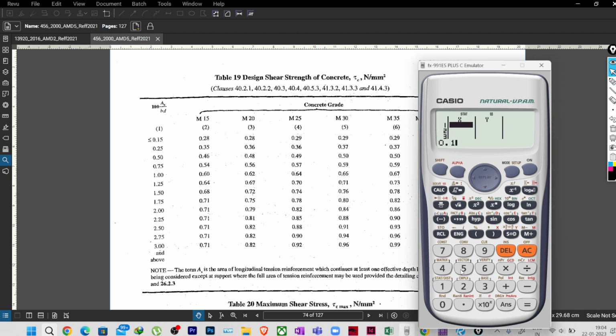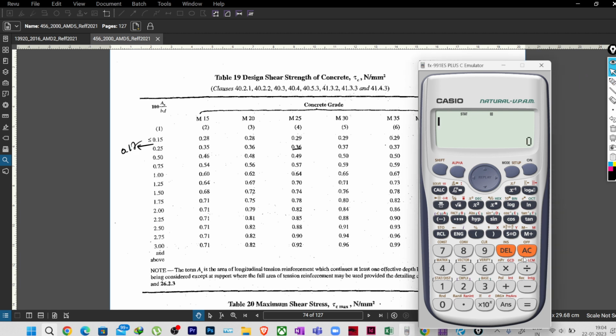For 0.15, the design shear strength is 0.29. Okay. For 0.25, it is how much? It is 0.36. Okay, so 0.36. Right, now we need for 0.17, so something in between 0.17.